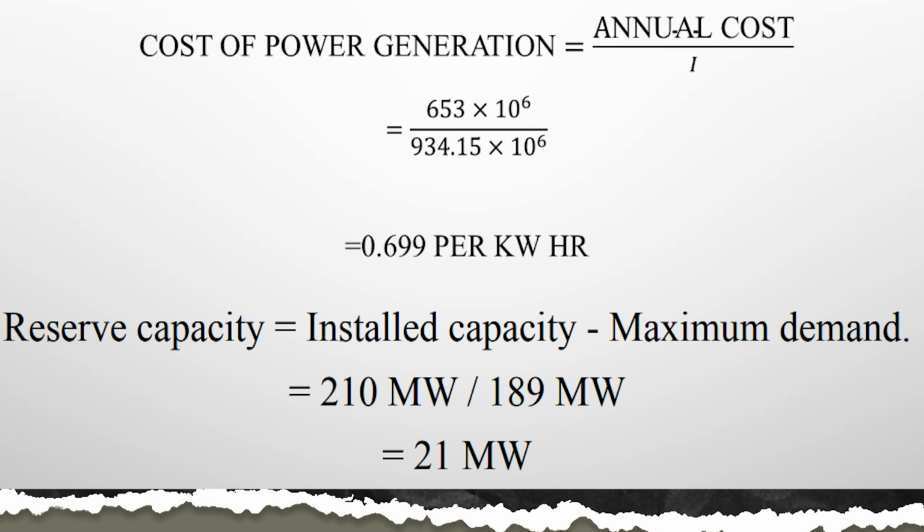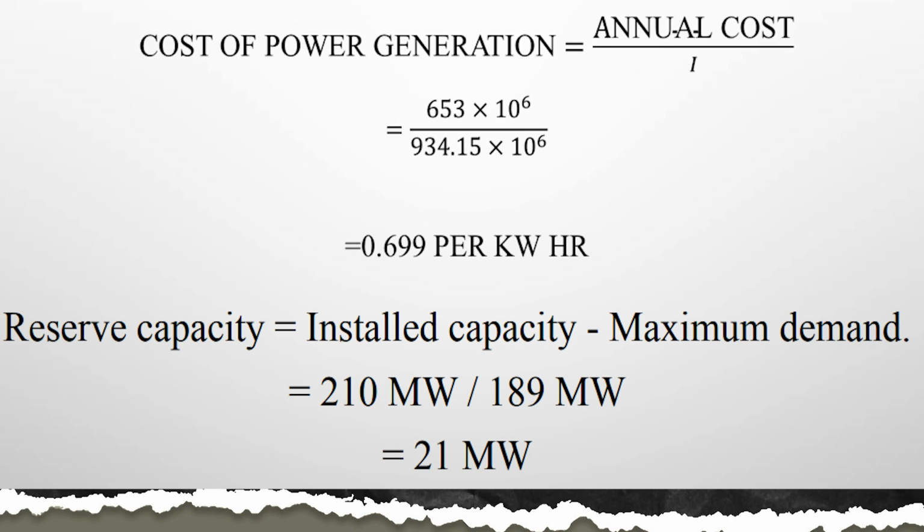Suppose actual energy produced is E. So I get 653 into 10 raised to 6 divided by 934.15 into 10 raised to 6. After calculating we get the first answer, rupees 0.699 per 1 unit. So, this is the first answer.